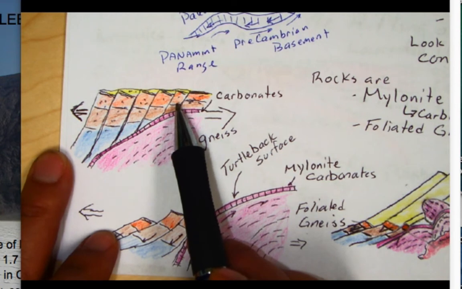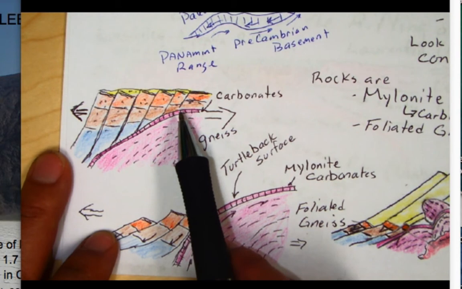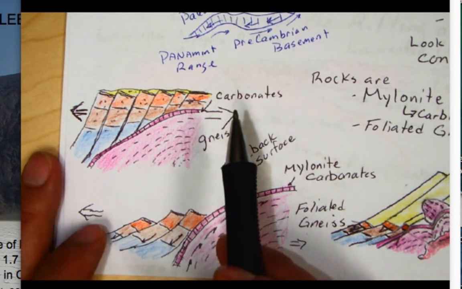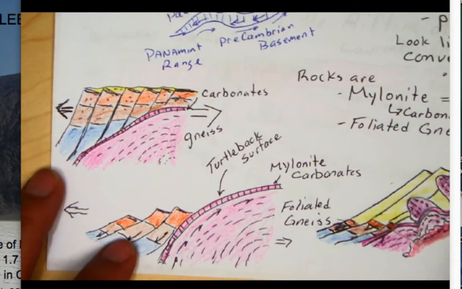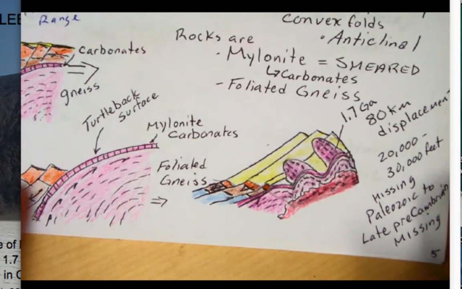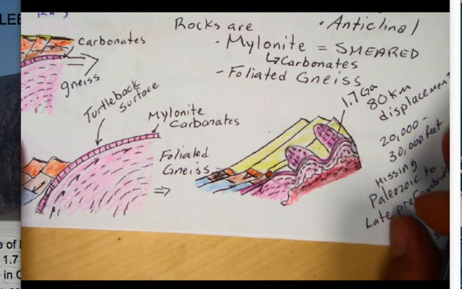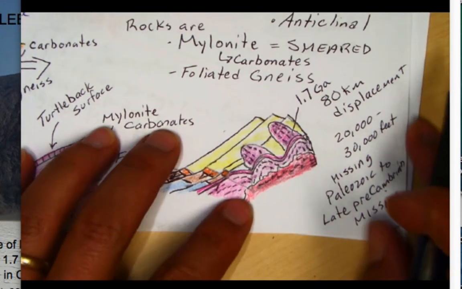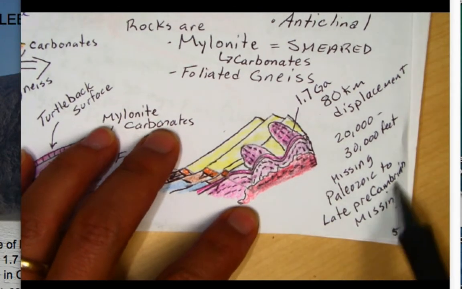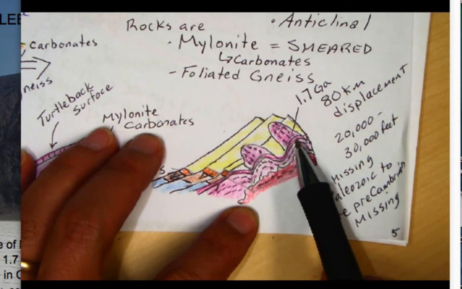In fact, there's some exposures still there, little bits of the Paleozoic rock. So that's evidence that the rocks have been there in the past, and that they've been stripped away. So in fact, geologists estimate that there's been about 20 to 30,000 feet of this Paleozoic or late Precambrian rocks that are missing. These are sedimentary rocks that should be above these, but they're missing.